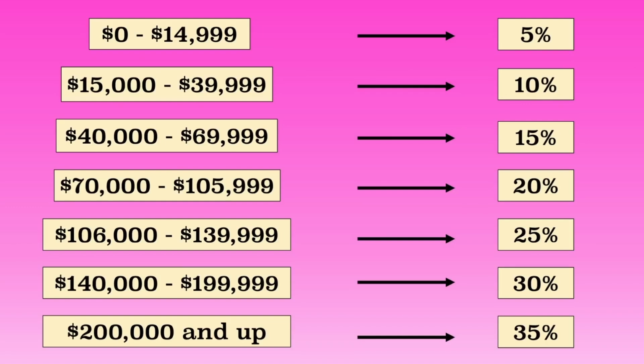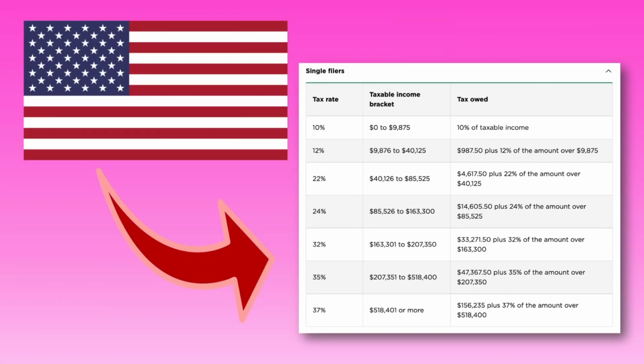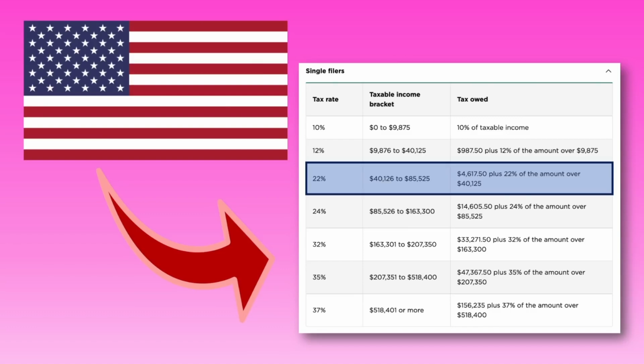The rate you pay on the last dollar you earn is often higher than what you pay on the first dollar you earn. Governments always start at 0 when calculating. In the United States, there are currently 7 different tax brackets at rates of 10, 12, 22, 24, 32, 35, and 37. Most Americans don't ever have to worry about paying more than 22% of the last dollar they earn.